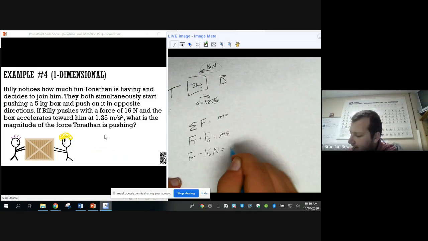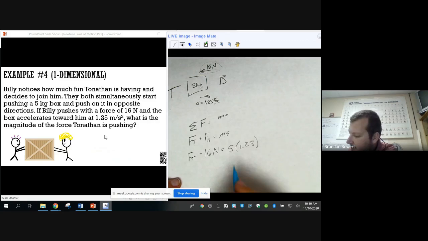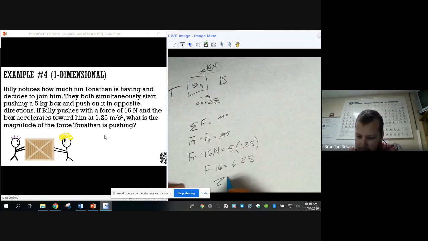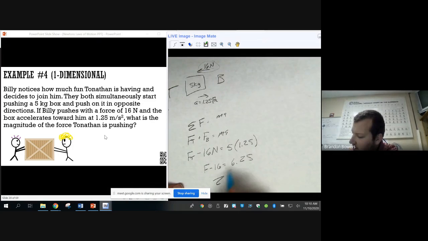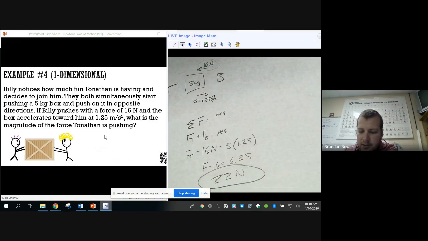So the force minus 16 is equal to the mass times the acceleration, which is 6.25. So I got 22 newtons, using sig fig rules for adding and subtracting.